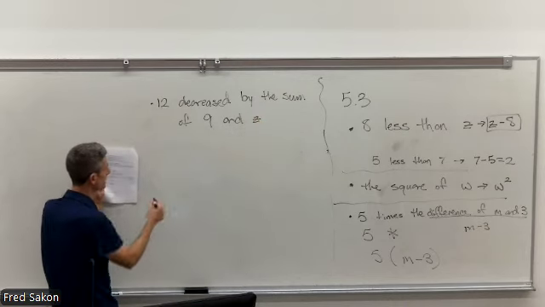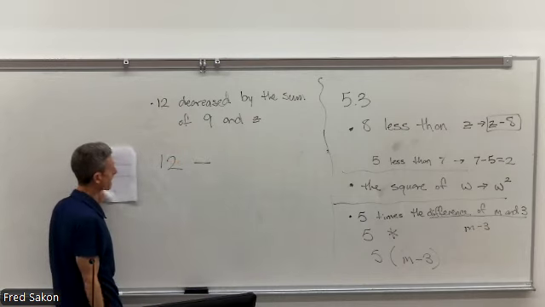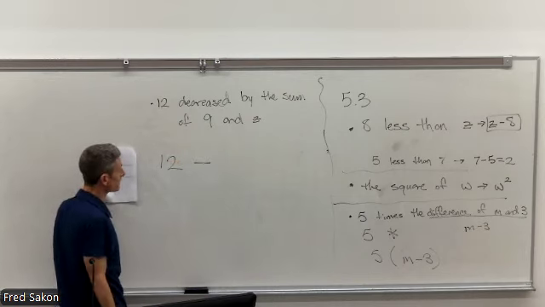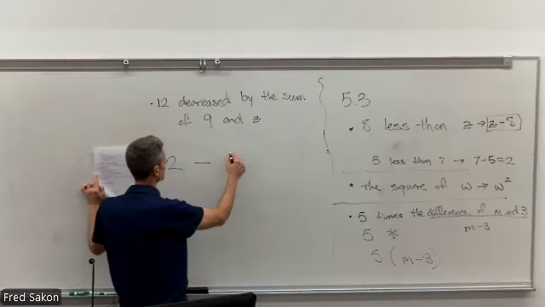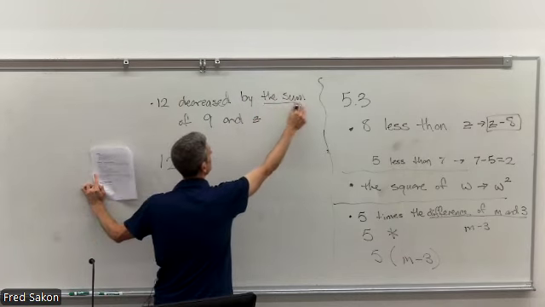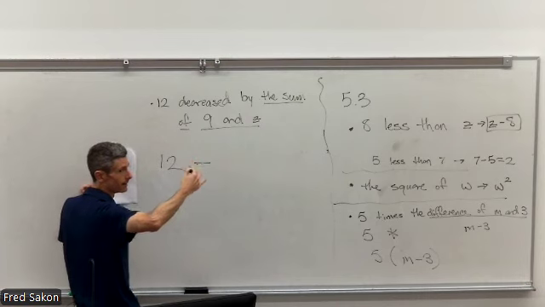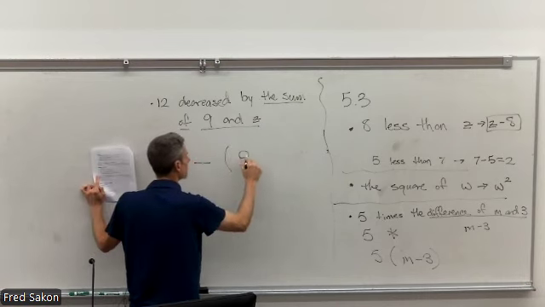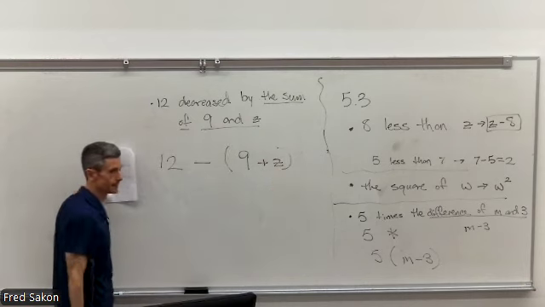The 12 decreased by, that's 12 minus, right? The sum of 9 and z, that's going to be the sum of blank and blank, that's a grouping. So 9 plus z is the sum of 9 and z.